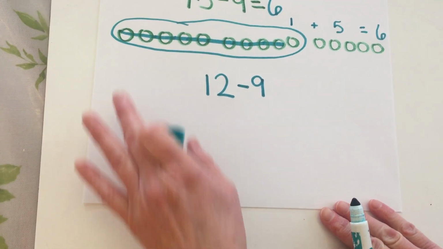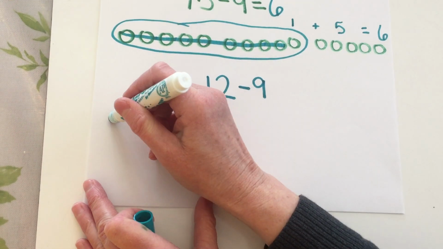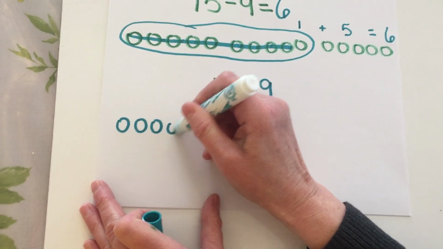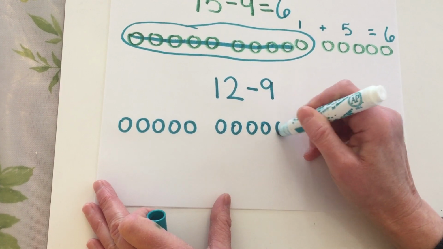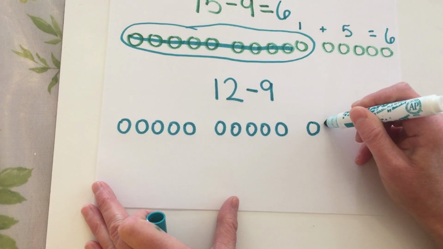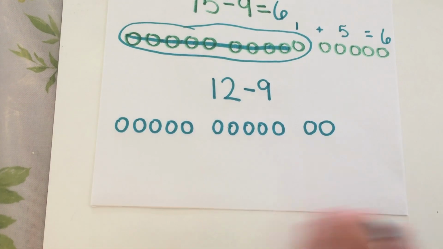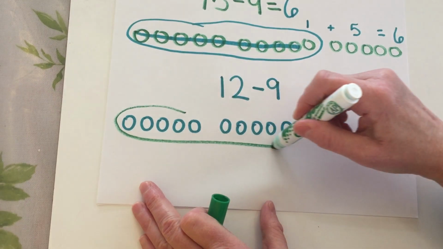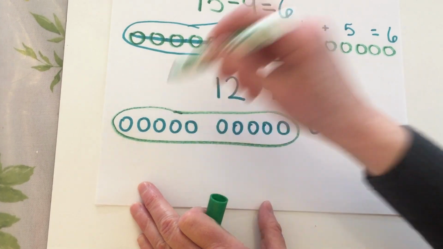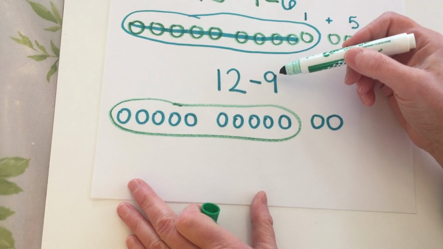Again, I'm going to do these with the circles. 1, 2, 3, 4, 5, 6, 7, 8, 9, 10, 11, 12. Now, you can see this is my group of 10. We are going to take away 9.